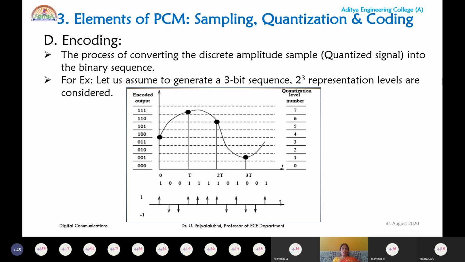Whenever t equals 0 seconds, its magnitude is actually 4 volts. Now you need to represent that 4 volt signal magnitude. That representation level should be encoded into a 3-bit sequence. How can you represent that 4 volt signal voltage as a 3-bit sequence?